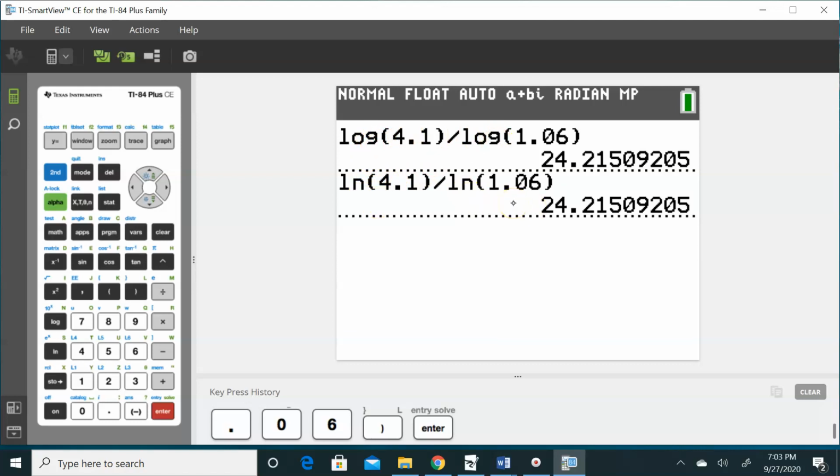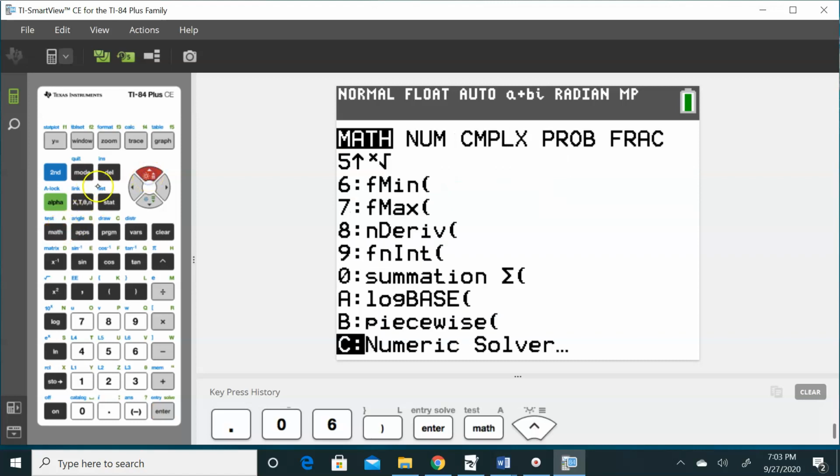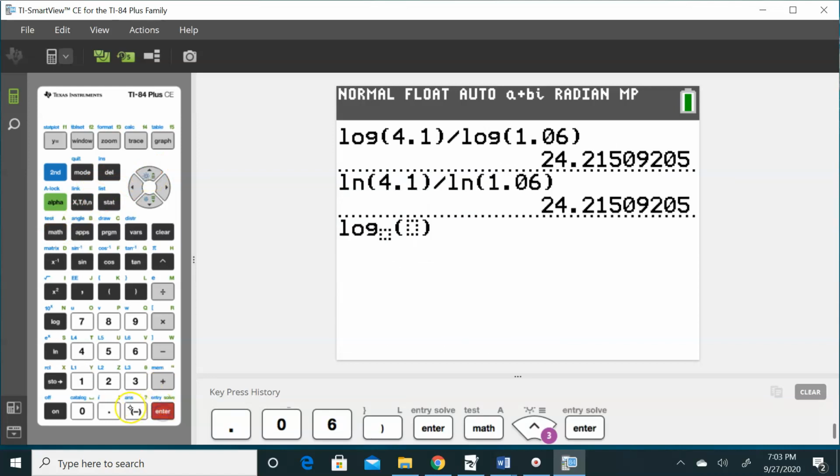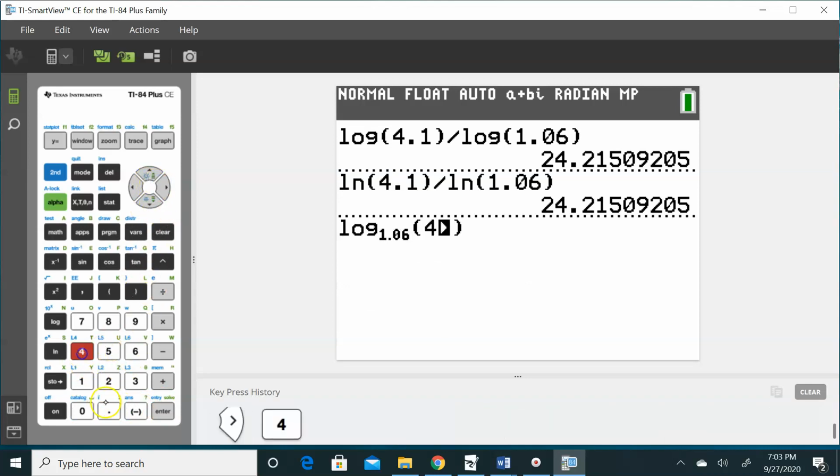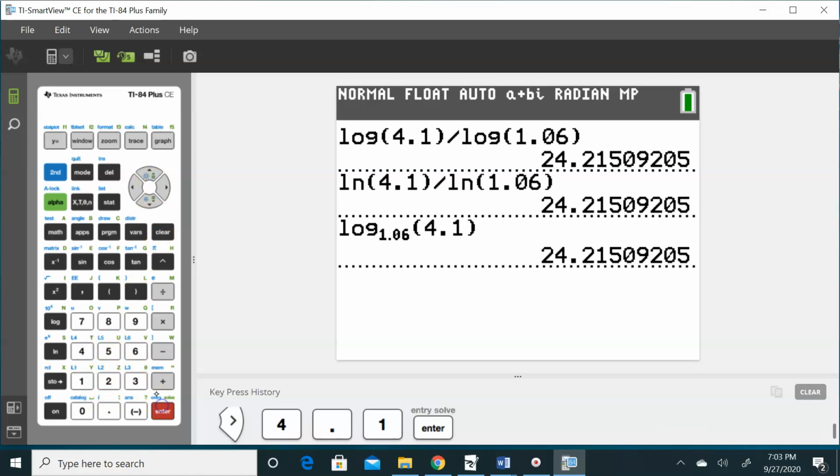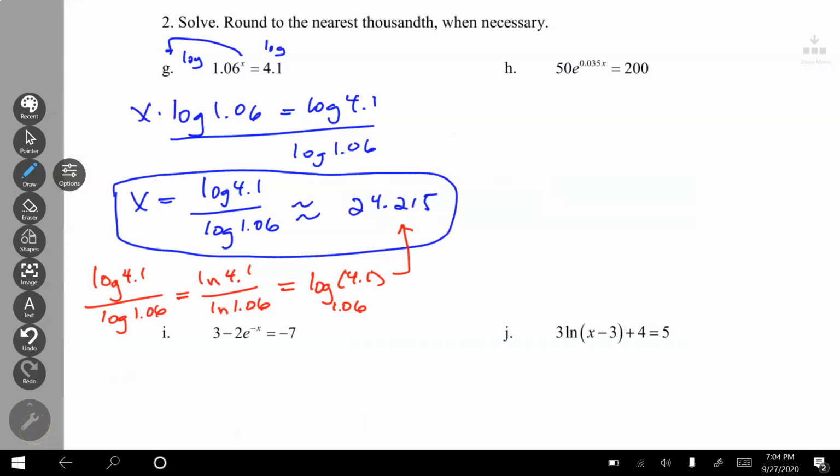And you do have this special key on your calculator, math, up to letter A here, where you can choose the base. So it would be base 1.06 of 4.1. And we get the same result either way.